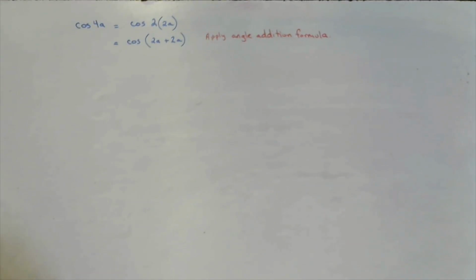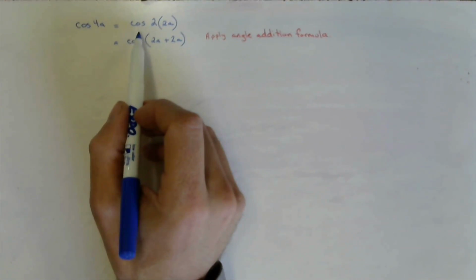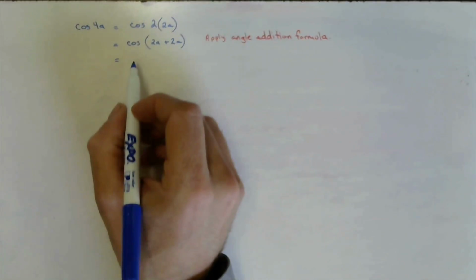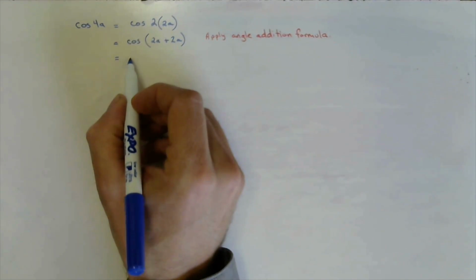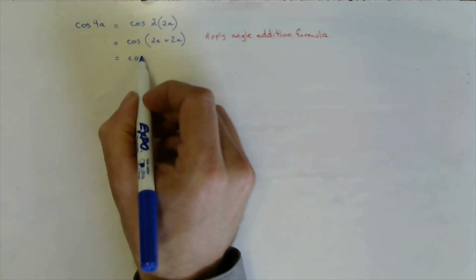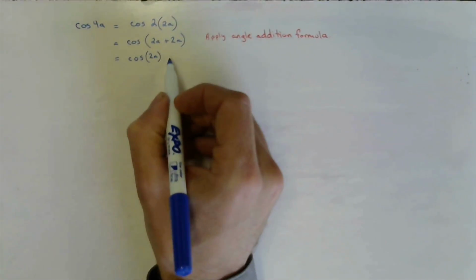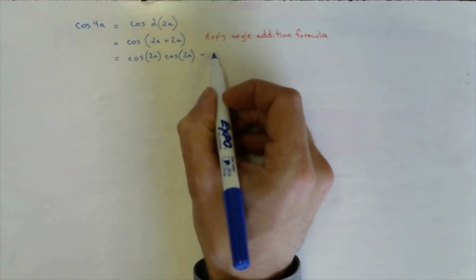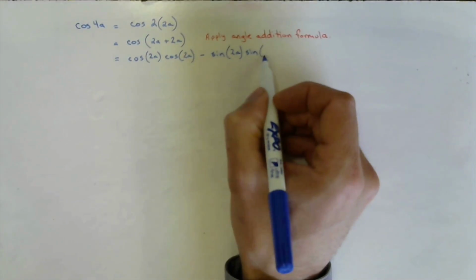Okay, again, you could apply one of the three forms of the double angle for cosine. I don't know why we're doing it this way, but this is what we're doing. So now we apply the angle addition formula for cosine, which says that the cosine of x plus x, or a plus a, angle plus the same angle, is the cosine of 2a times the cosine of 2a minus the sine of 2a times the sine of 2a.